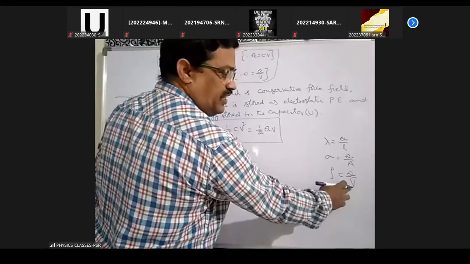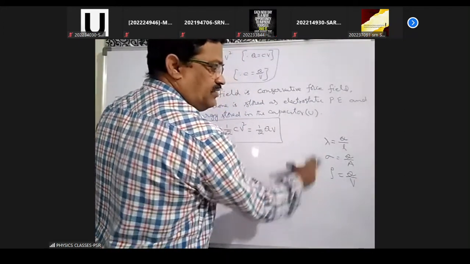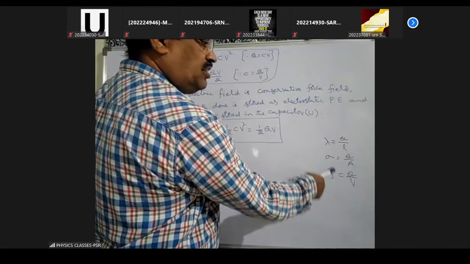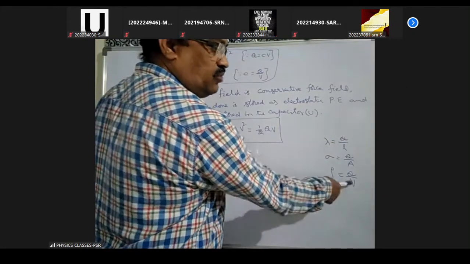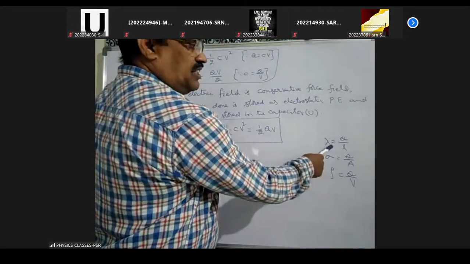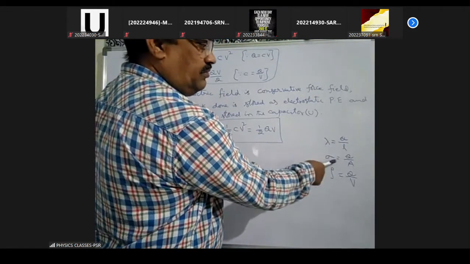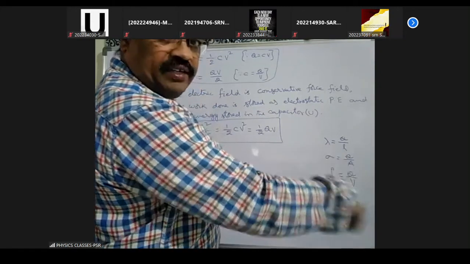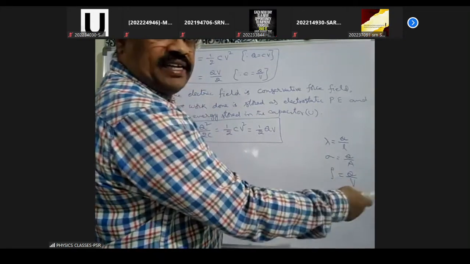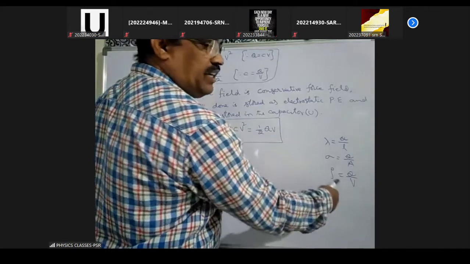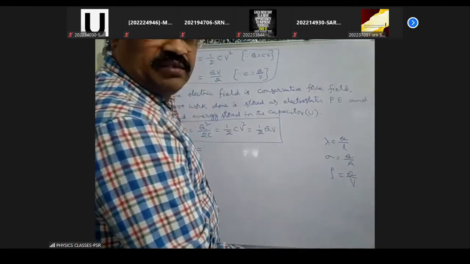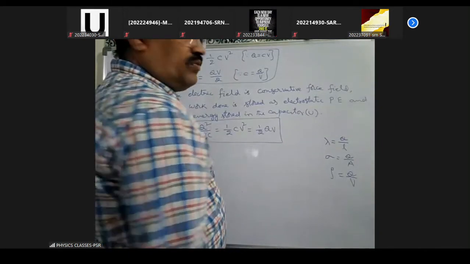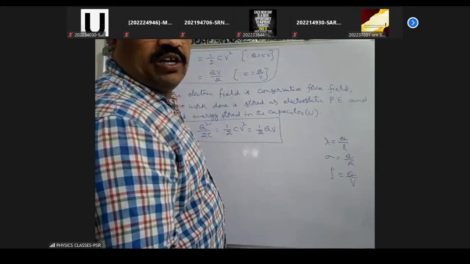Like that we define three charge densities: linear charge density, surface charge density, volume charge density. Linear is taken in a linear charge distribution. Surface is taken in charge distribution on a plane surface like a plate. Volume is defined in case of non-conducting materials, like a non-conducting solid sphere, where the charge is distributed throughout its volume.